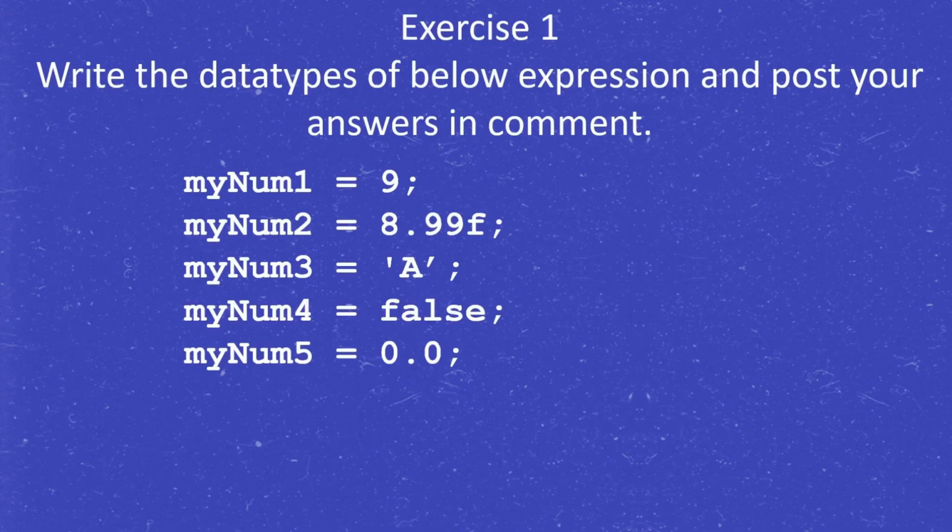I will surely check them. So there are 5 variables, my num1 till my num5, storing different kinds of data. You have to just tell me or write before each variable what will be the data type of this kind of variables.